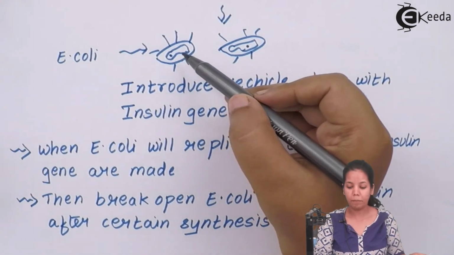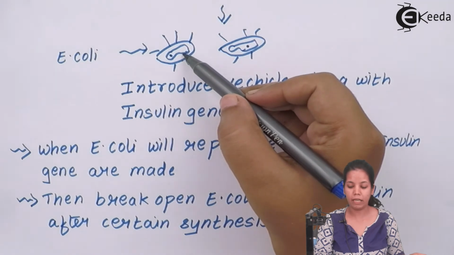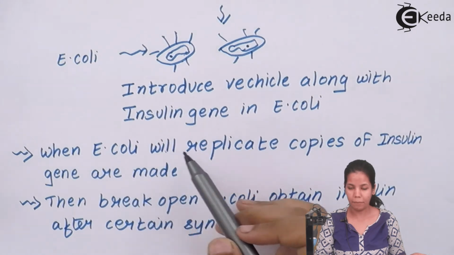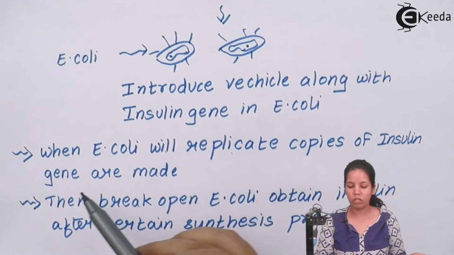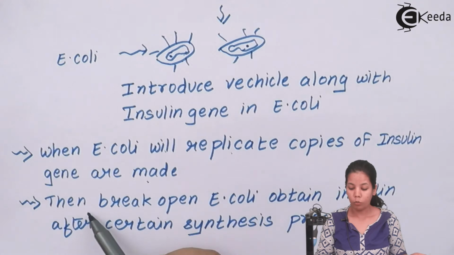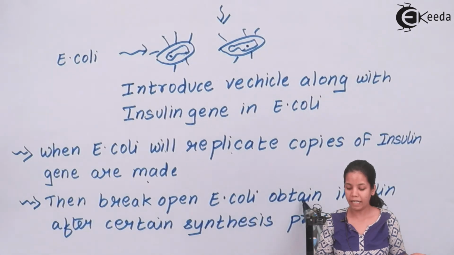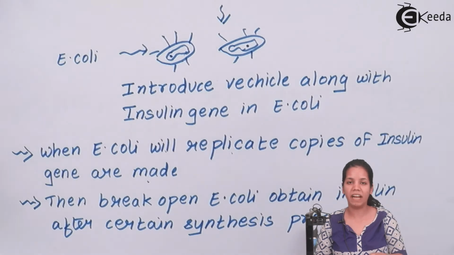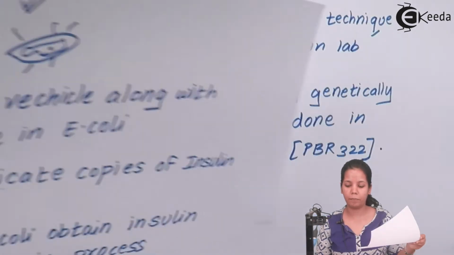So when E. coli replicates, copies of the insulin gene are made. Then we break open the E. coli to obtain insulin. After certain synthesis processes, we get the final insulin product.